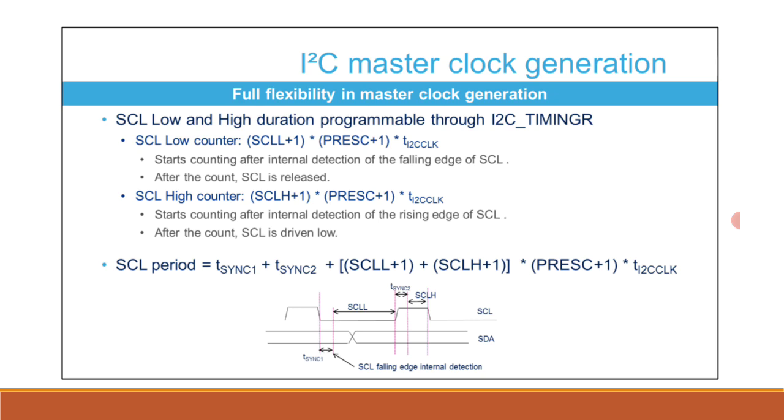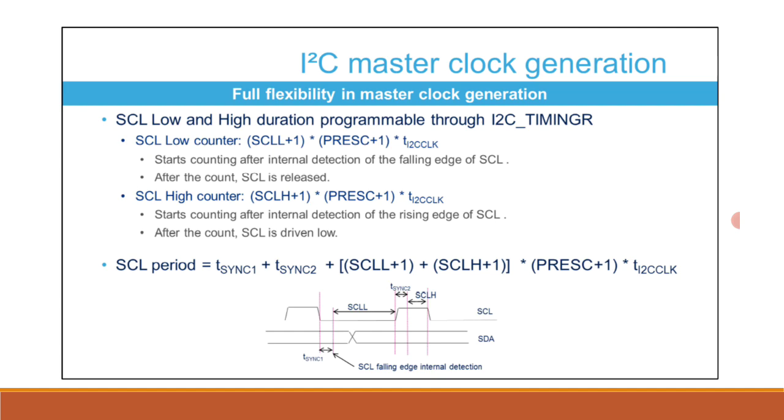This is linked to the added delays due to the internal detection of the SCL line edge. These delays T-sync1 and T-sync2 depend on the SCL falling or rising edge, the input delay due to the filters and the delay due to the internal SCL synchronization with the I2C clock.